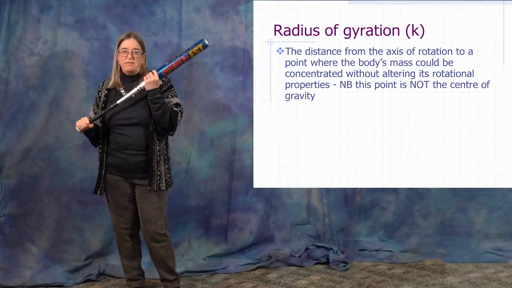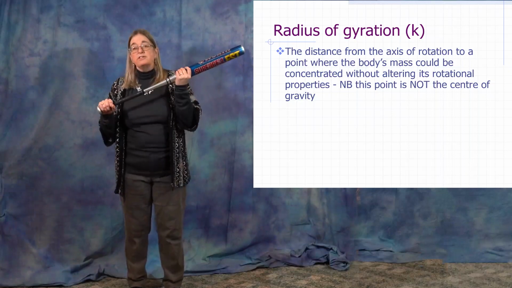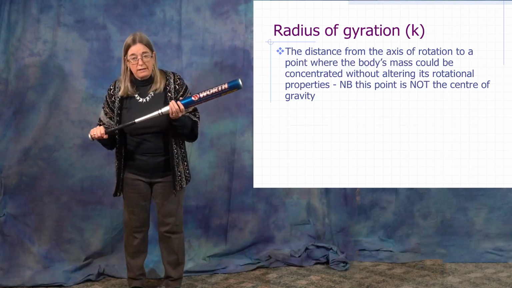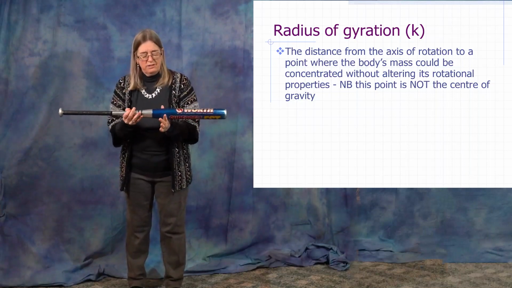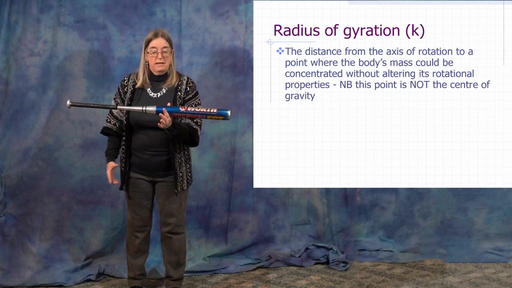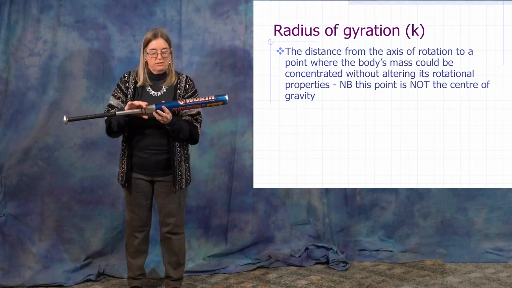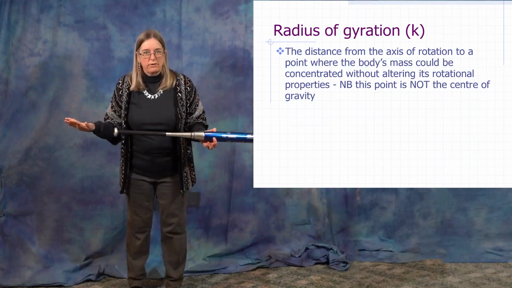Note, and this is important, this is not the center of gravity. This is not something you can look at like when we did center of gravity, where we said, if I balance this bat at a certain point, that's where my center of gravity is for the bat. This is not that location.